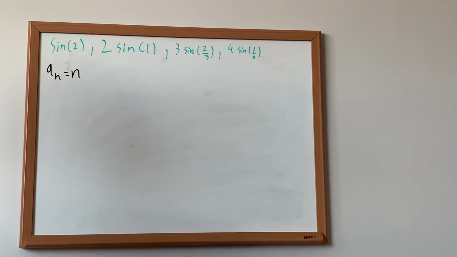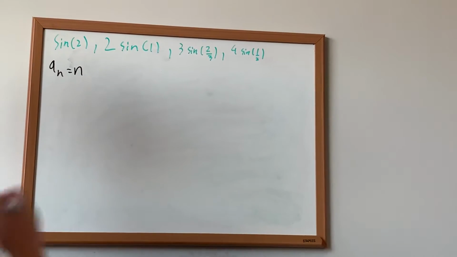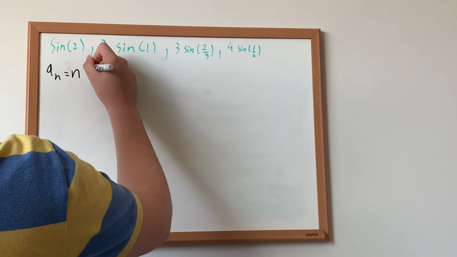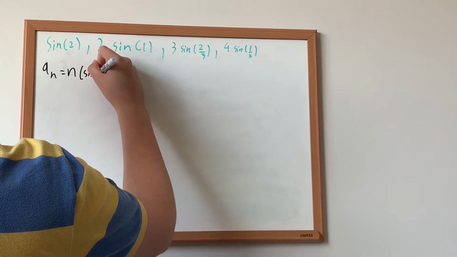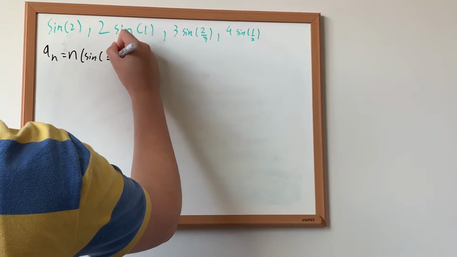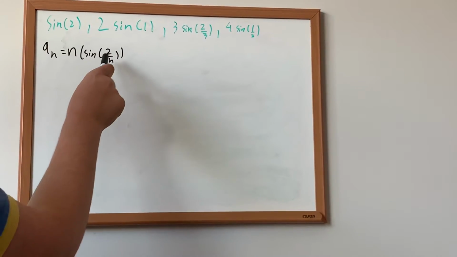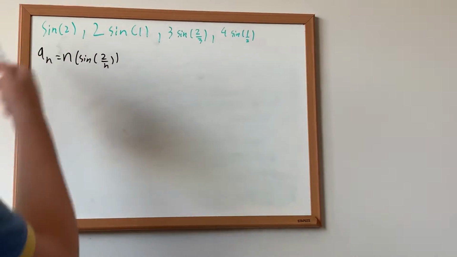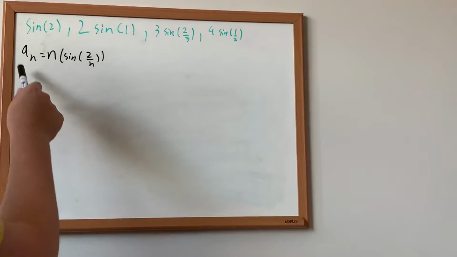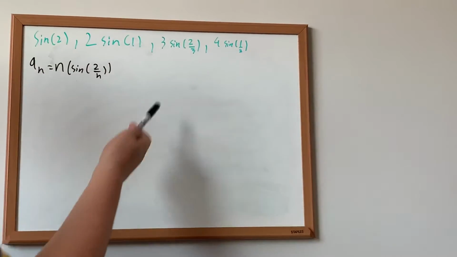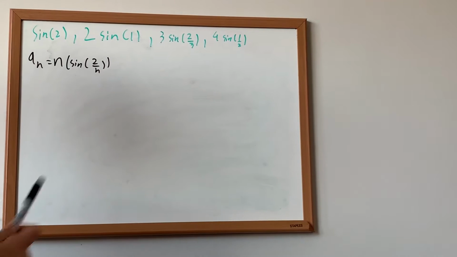If we put the value, we can see that this n is just multiplying by sine of 2 over n. And if we want to check, we can put 1, we get 1 times sine of 2, which is just sine of 2. If we put 2, we get 2 times sine of 1. If we put 3, we get 3 times sine of 2/3, and so on.